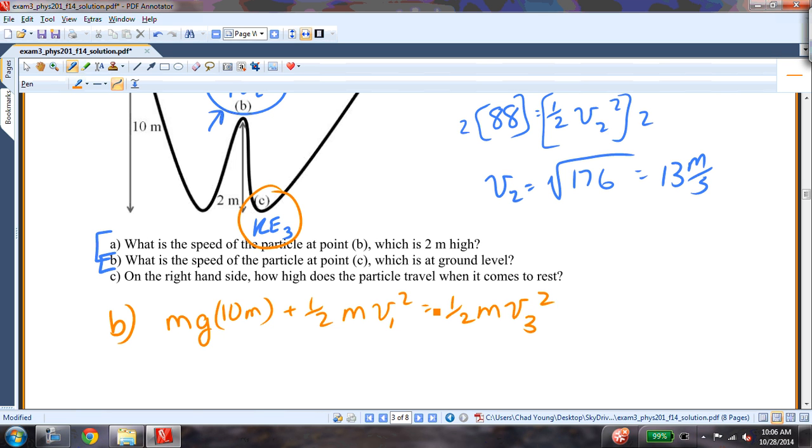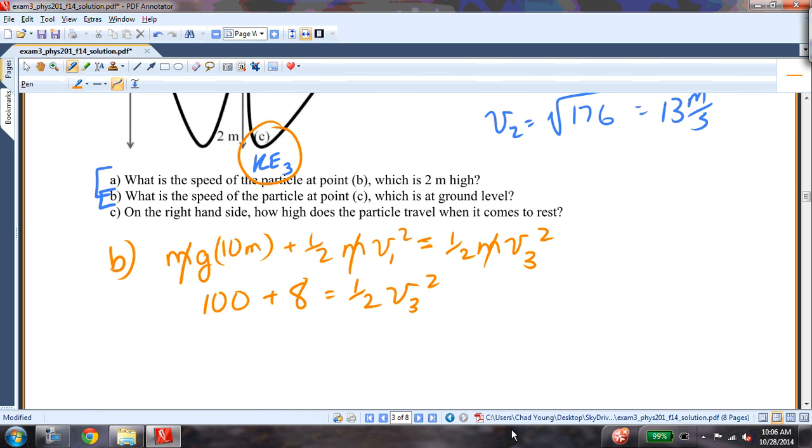And then I solve for V3. So first of all, my masses all cancel. I have 100 plus 8 equals 1/2 V3 squared. So V3 is the square root of 216, which is 15 meters per second.